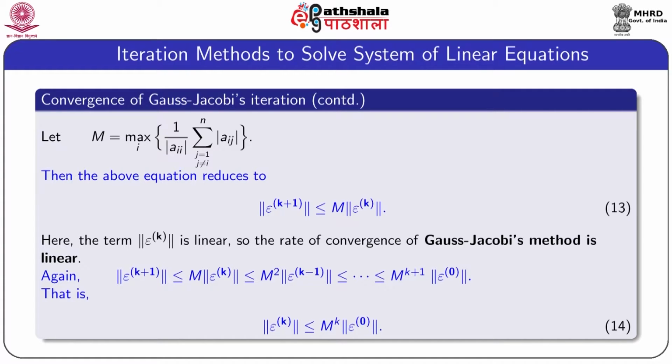That means we obtain a sequence of the norm of the error vector, and finally we can write the norm of the error vector epsilon k is less than or equal to M to the power k into the norm of the error vector at the 0th iteration. This expression gives the relation between the error at the kth iteration and the error at the 0th iteration.